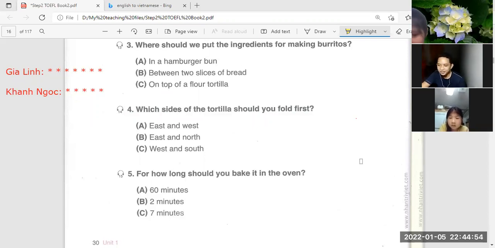Sorry, I was muted. Sorry. Okay, Giling. Where should we put the ingredients for making burritos? A, B, or C? Do you know the answer?